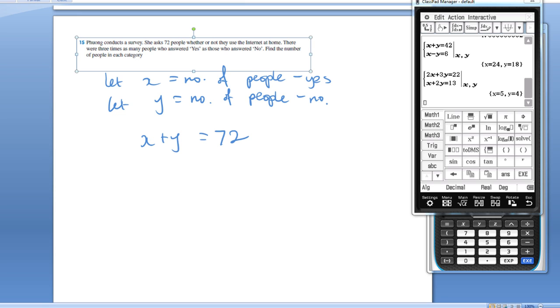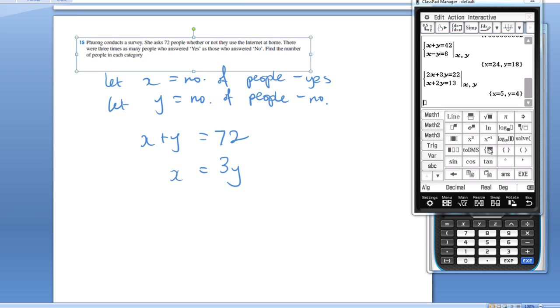What I think about in these situations is, x is the number of people who were yeses, and the no's are going to be the smaller category. But if I multiply the amount of people who answered no by 3, I will get the number of yeses. They're my 2 equations.